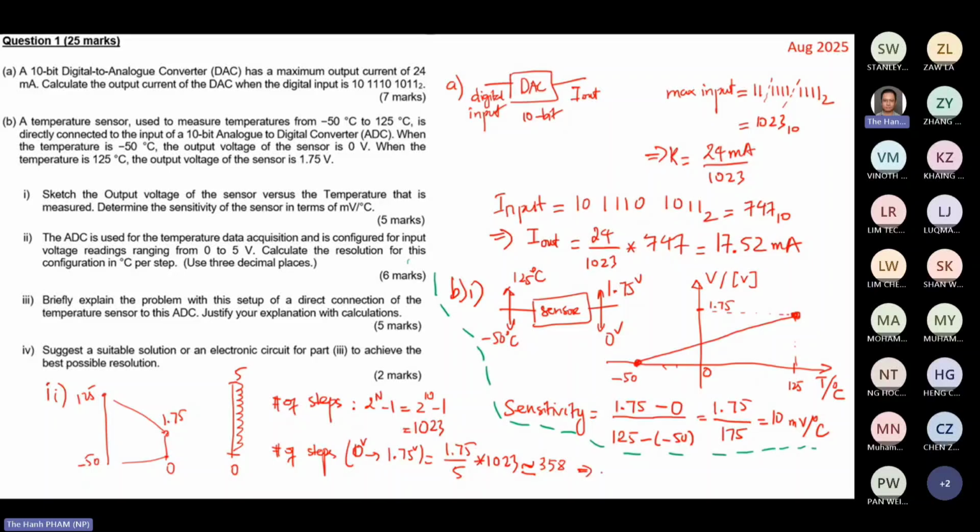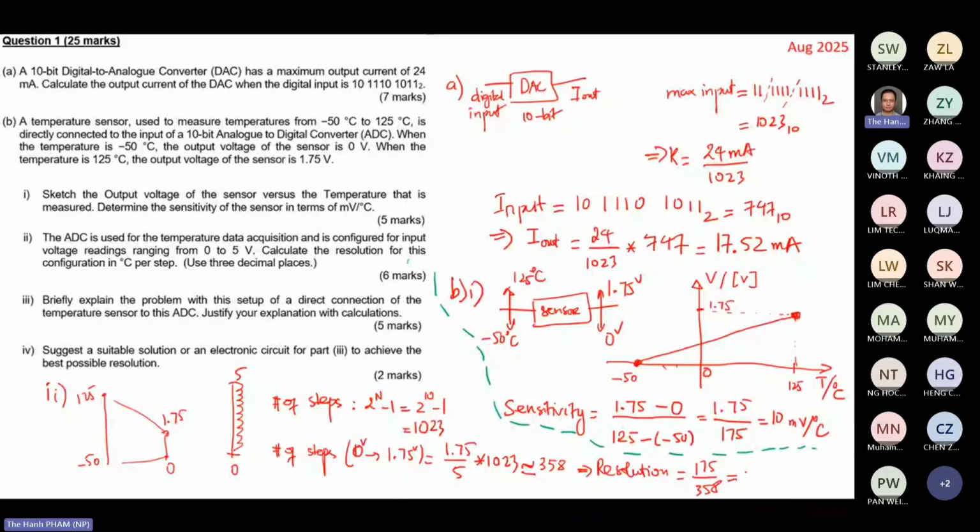So from here, very easy, you can have resolution. Now the whole range is 175 degrees Celsius, because you have the range from -50 to 125. And this one will be covered by 358 steps. And remember, by step, I mean if you move from one end to the next end of the step, basically the output is changed by 1.